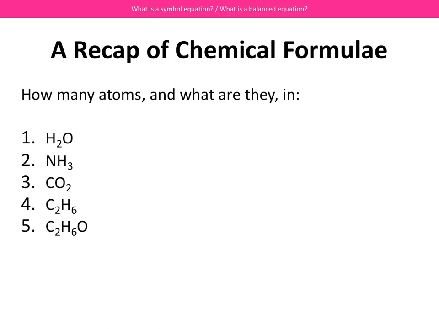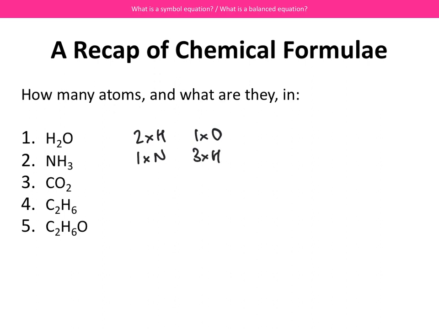So in H2O, the little 2 refers to how many hydrogens there are. So there are 2 hydrogens. There is no number after the oxygen, so there is 1 oxygen. In NH3, there's no number after nitrogen, so it's 1 nitrogen, and there is a little 3 after hydrogen, so there are 3 hydrogens.